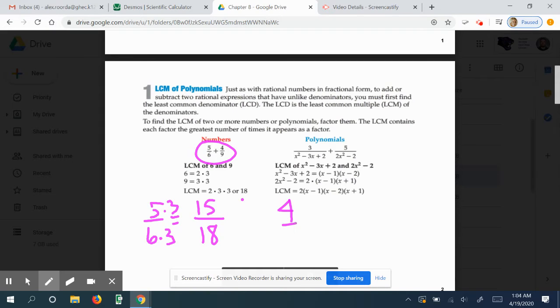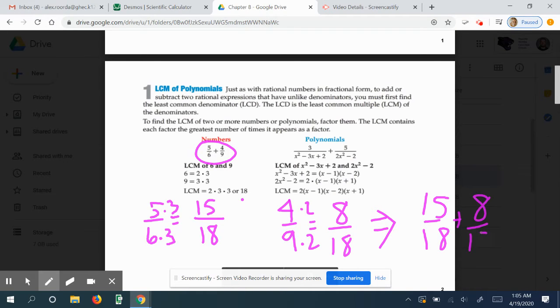And 4 ninths is really 8 eighteenths, because we multiply top and bottom by 2. And then I can add them together. And so I would say 15 eighteenths plus 8 eighteenths would be 23 eighteenths. And we can always leave our answer as an improper fraction like this, okay?